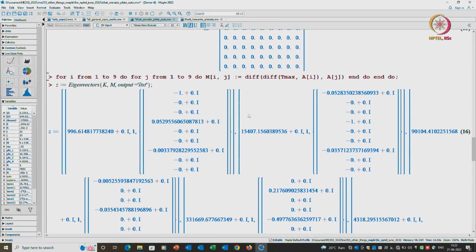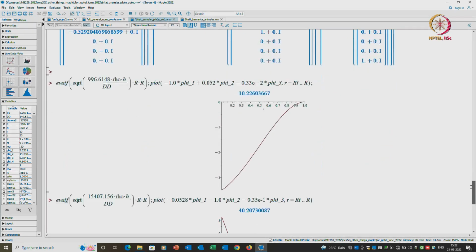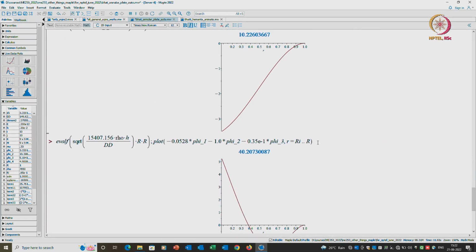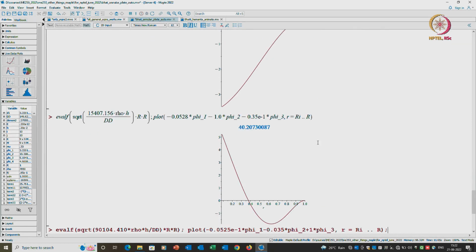Now next I will show you for a frequency value of 15,407. The corresponding eigenvector is here. So phi 1 is minus 0.5283, phi 2 is -1, and phi 3 is minus 0.035. So if we look at that set of numbers over here, you should remember that we had 40.207 in the first column.